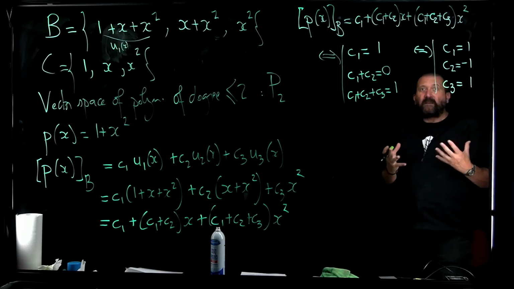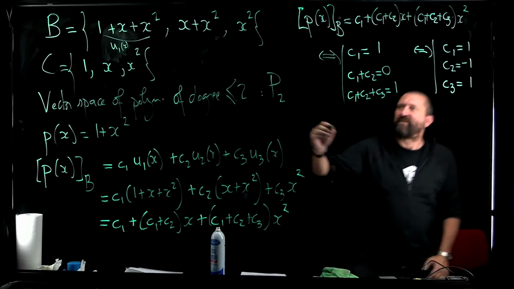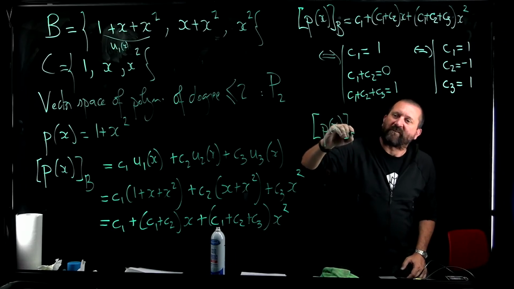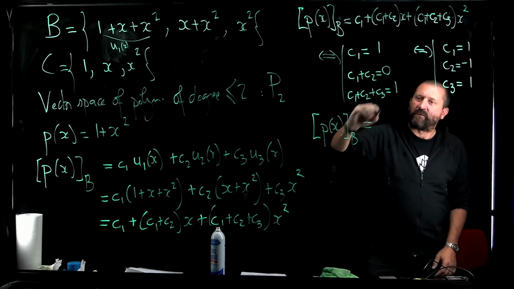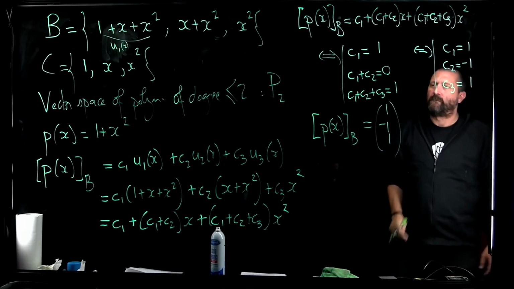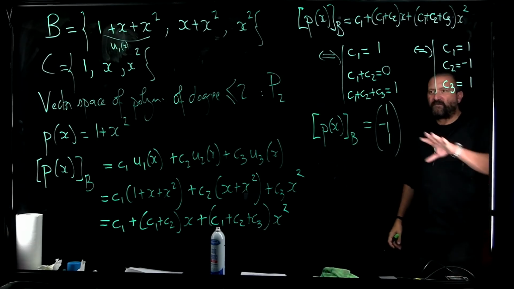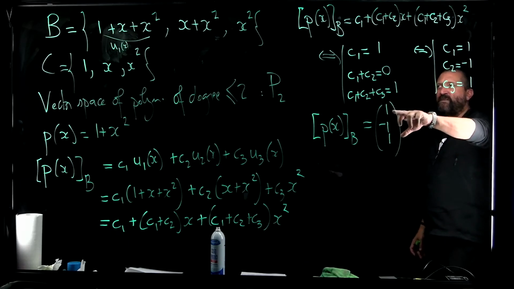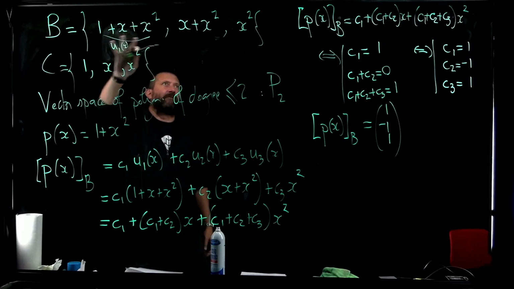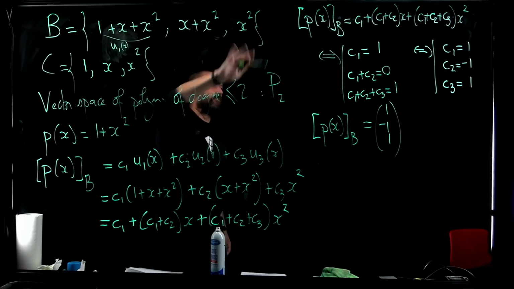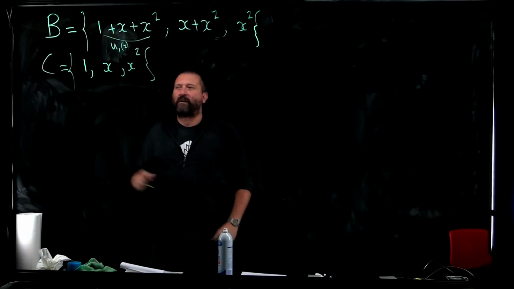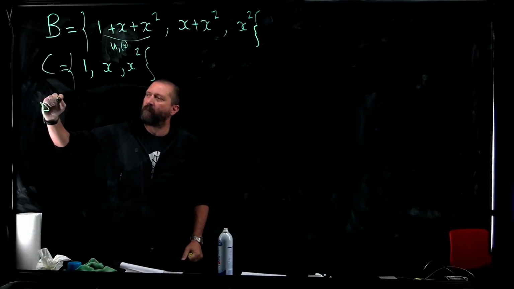So we can write, in terms of this basis, that the polynomial P of x in the basis B is given by this vector, 1, minus 1, 1. I just need to multiply through these coefficients by these successive terms to get 1 plus x squared.